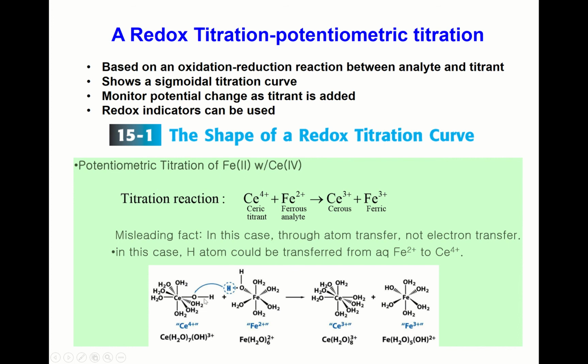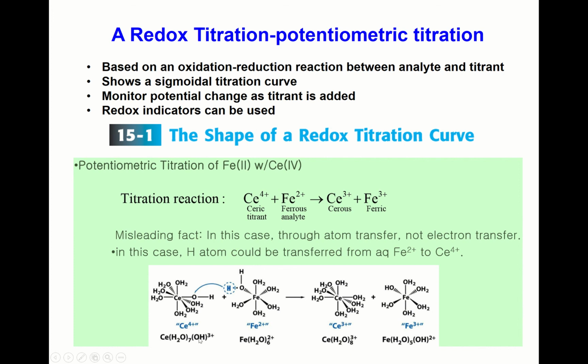Seven, at least seven water molecules are surrounding this ceric ion, and also there is a hydroxide group, OH. Likewise, around the ferrous ion there are at least 1, 2, 3, 4, 5 water molecules, and also an OH group here, right?